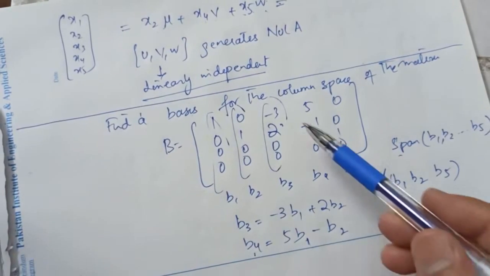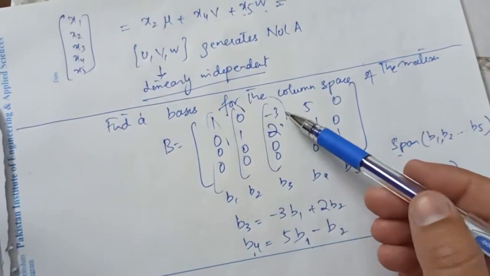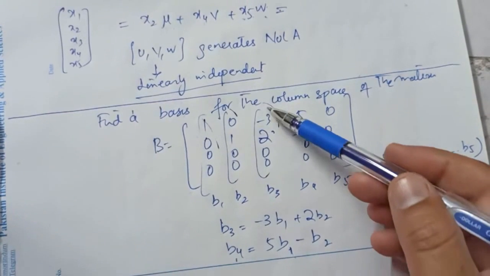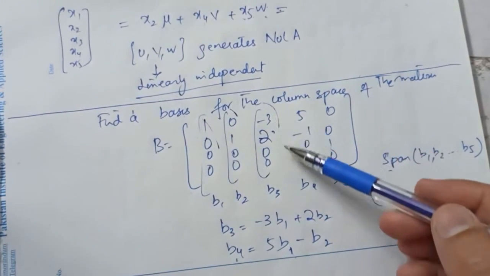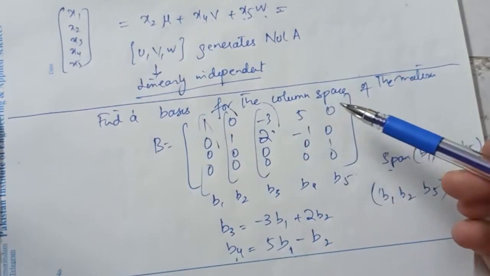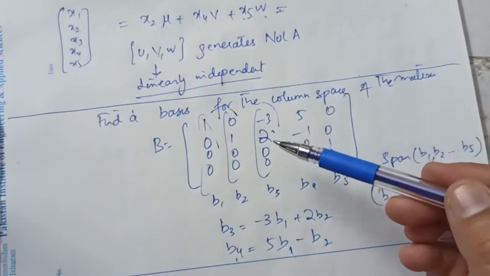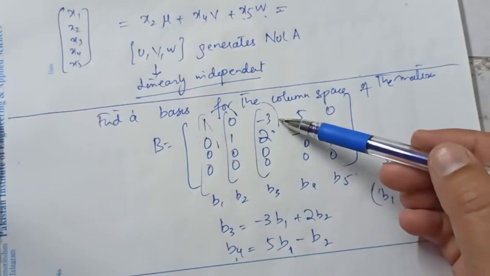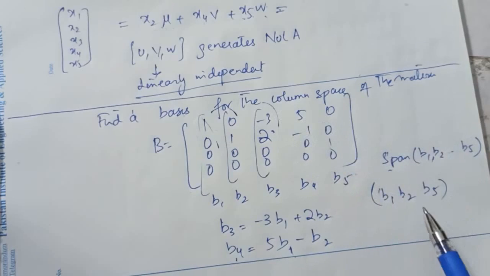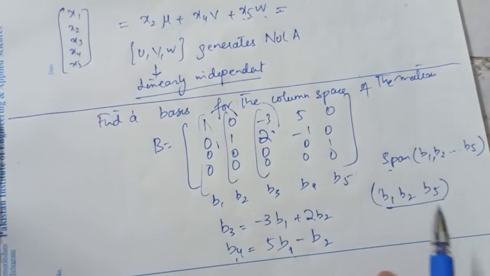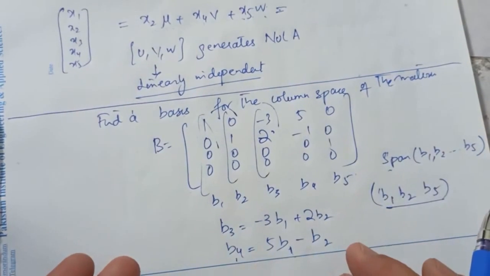So these vectors are there in the span, but not necessarily contributing towards finding the basis for that column space.